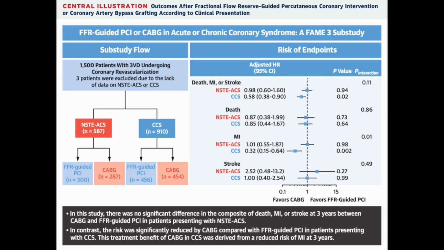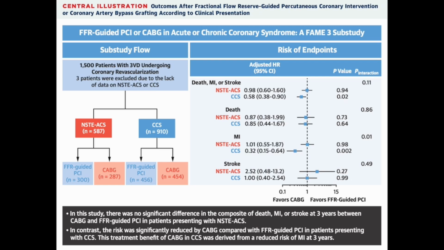Yes. Just as a reminder, FAME3 compared FFR-guided PCI with current generation DES to CABG in 1,500 patients. It was a fairly broad inclusion criteria. Patients with a very recent STEMI were excluded, but otherwise non-STEMI and all ACS patients were allowed to be included.